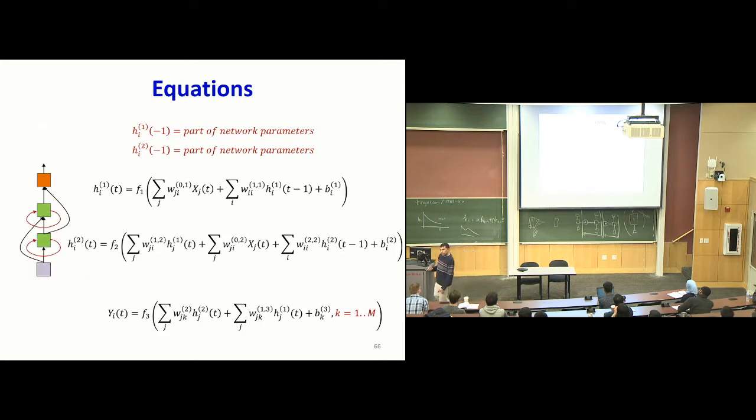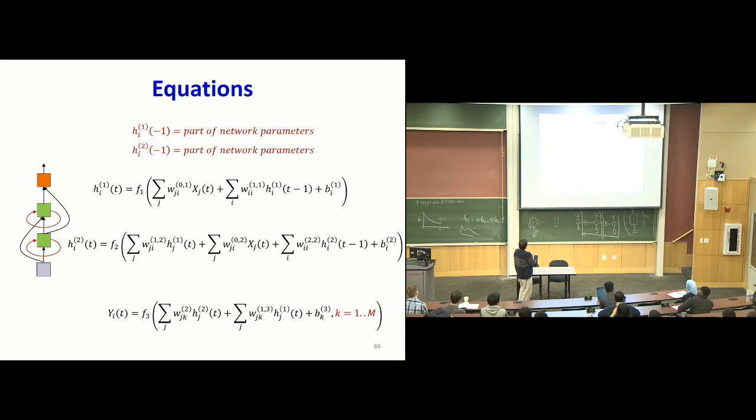Something like this is also going to be similarly done, right? Here, once again, both of these values have to be specified at -1 as part of the network parameters. This first h is going to be obtained through some activation applied on some weighted combination of these guys plus some weighted combination of its own values at a previous time.